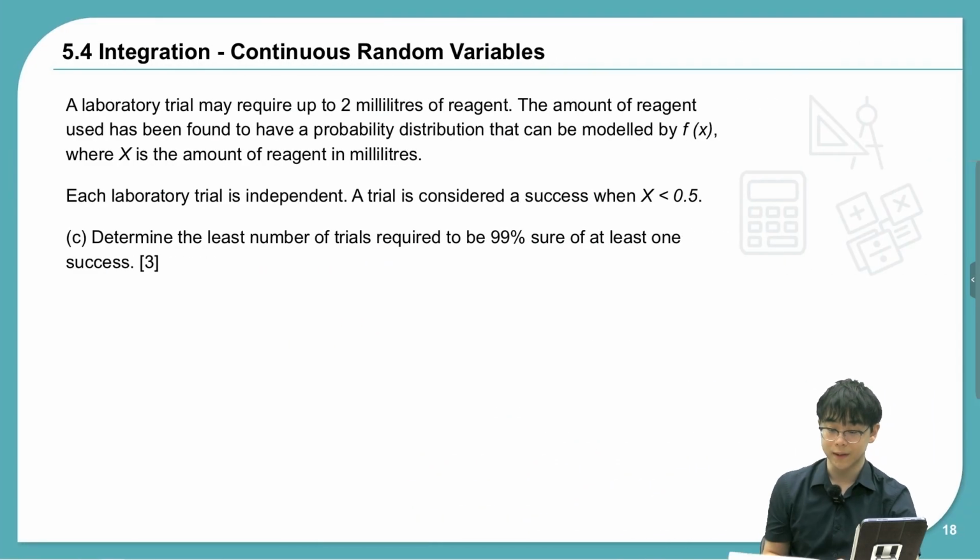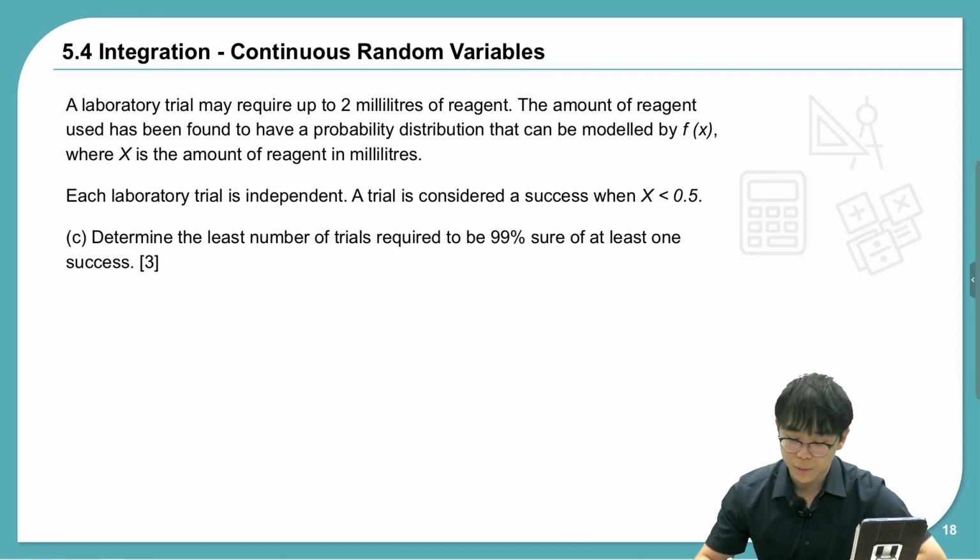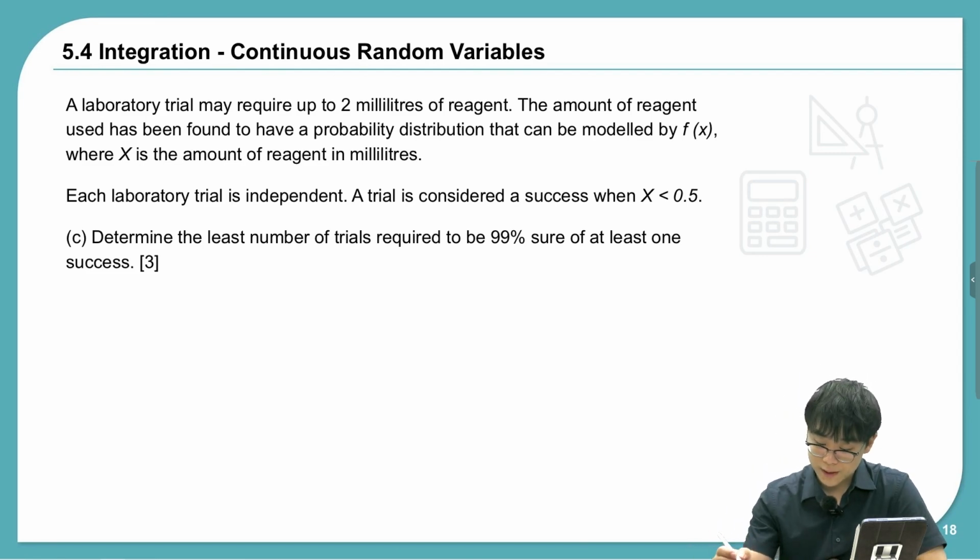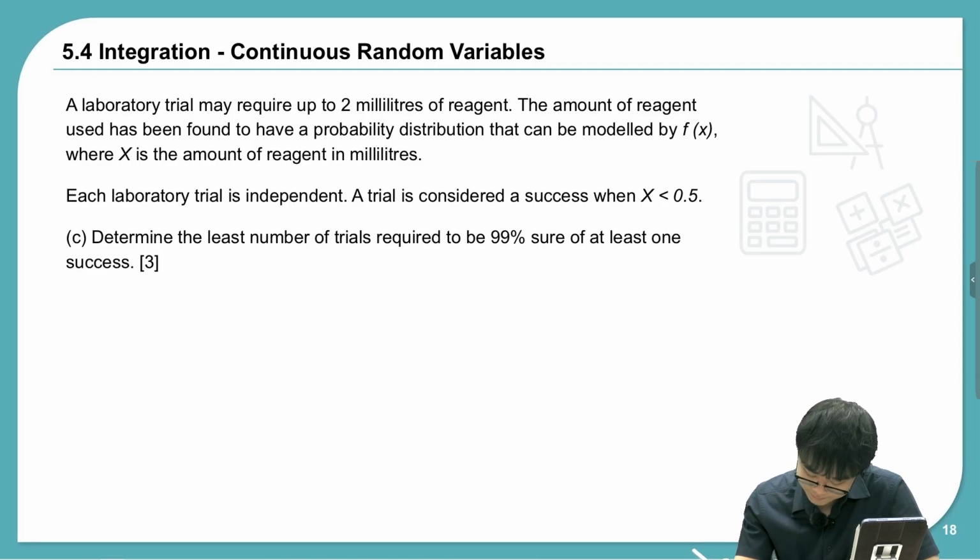Next, let's move on to part C. We have 2 milliliters of reagent, and we have independent trials that are identical. So we have a case of binomials, and we want to find the probability of having at least one success, and we want to make sure that we get at least 99%.